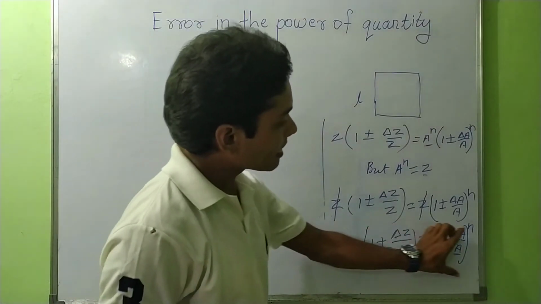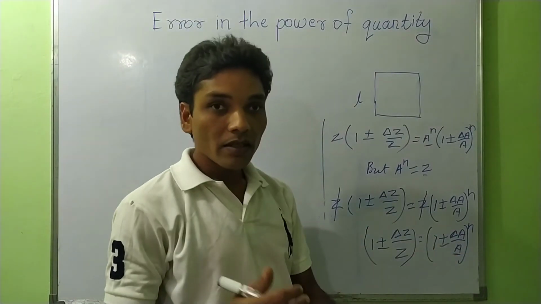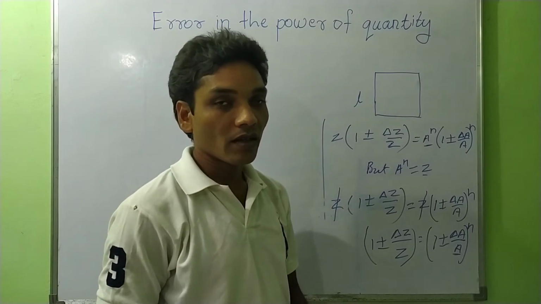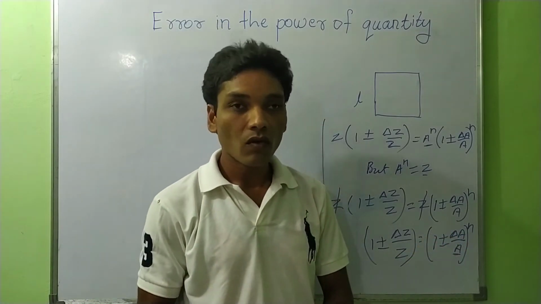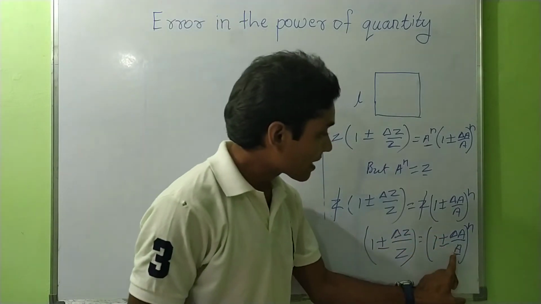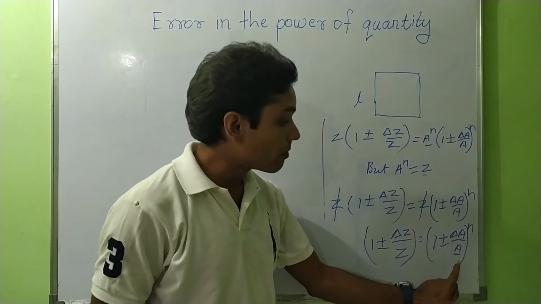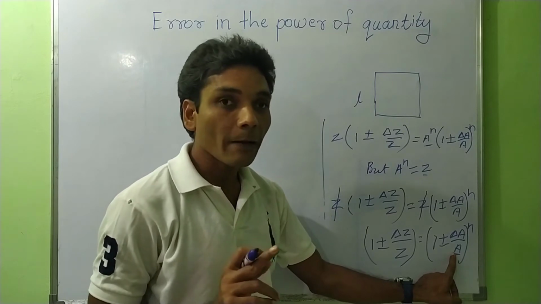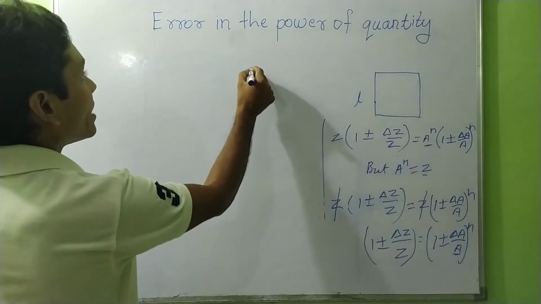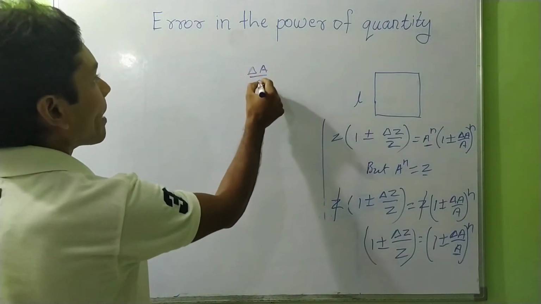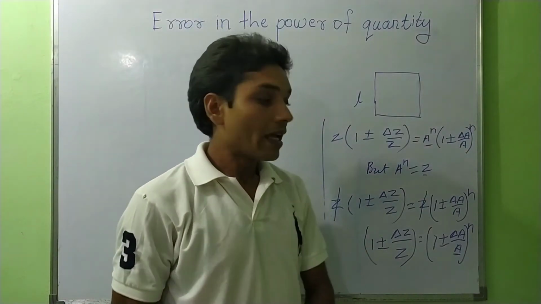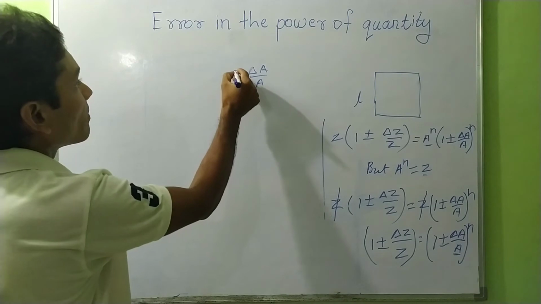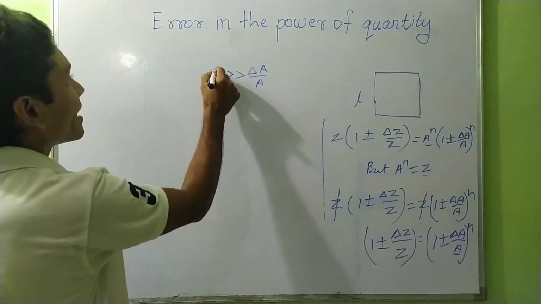In this whole equation, del A is the error in the physical quantity, and this del A is a very small value. Here we are dividing this small value by the greater value A. So the value of del A upon A will be very small, much smaller than 1.